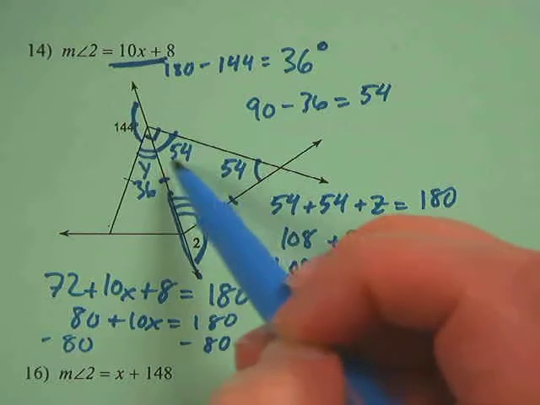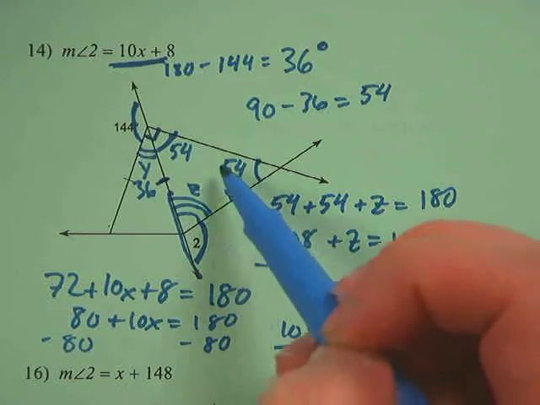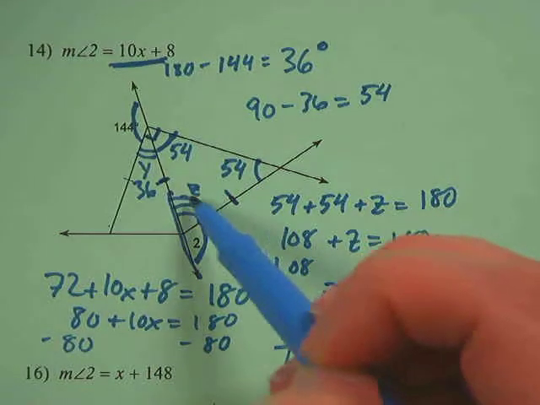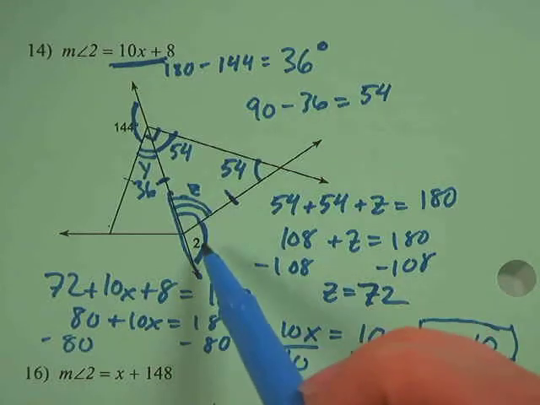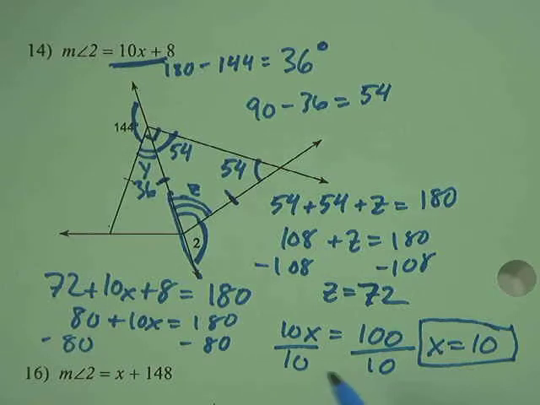Then these two angles are the same because these two sides are the same. And these three angles add to 180. So this angle in the corner here is 72. And then 72 and angle 2 add up to give us 180. So that is how we solve for x and get x is 10.